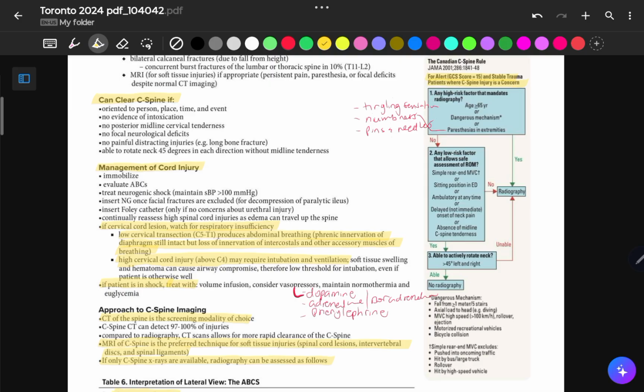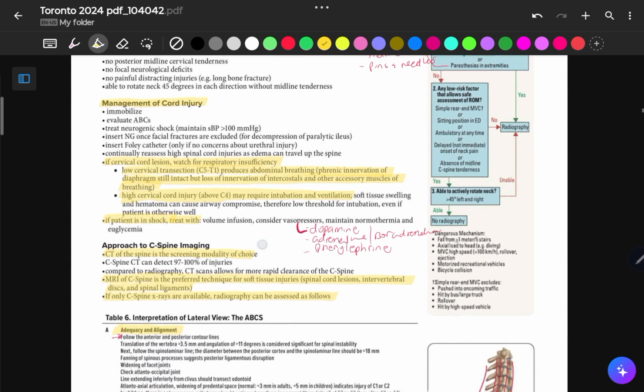Or there was a bicycle collision. So these patients need to have imaging. If they have any paresthesia, for example a tingling sensation, numbness, or pins and needles in the extremities, then you want to send them for radiography.